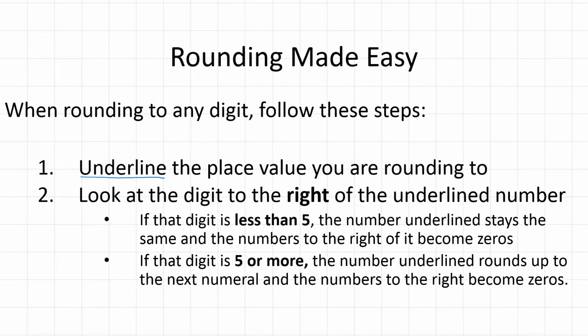So if we've underlined the hundreds place, we're going to look to the right of it, which is the tens place. If that digit is less than the number 5, the underlined number stays the same and the numbers to the right become zeros. If that digit is 5 or more, the number underlined rounds to the next numeral and the numbers to the right become zeros. I know this is a lot of steps, but we're going to do a few examples and it's all going to make sense to you.